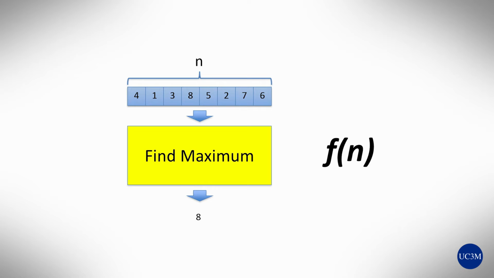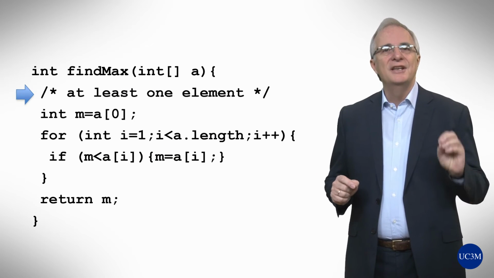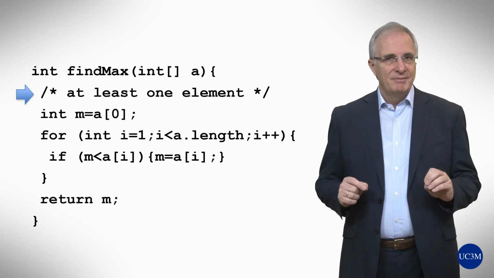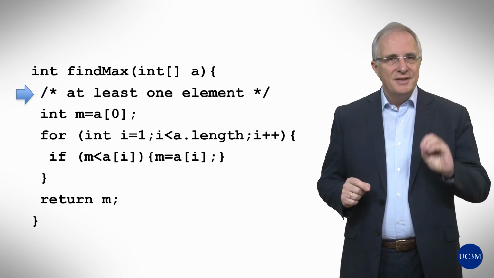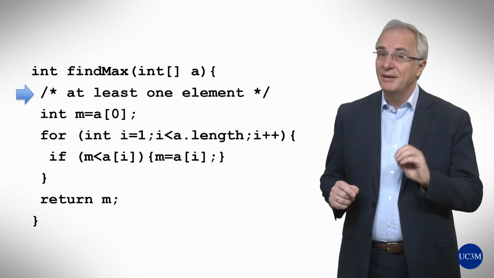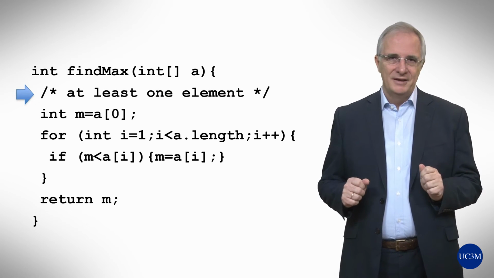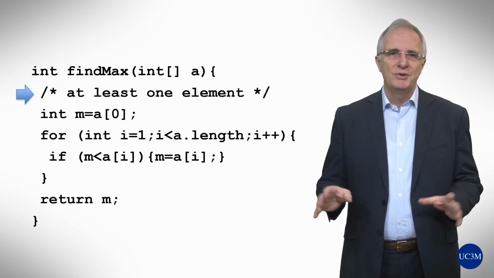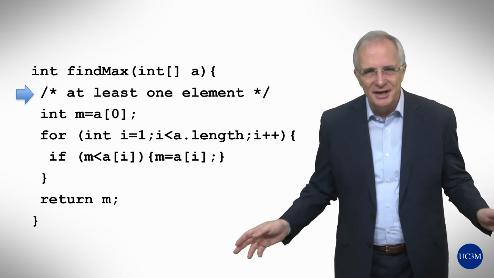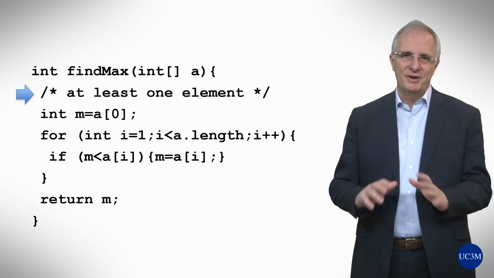Imagine that you are given an array and want to find its highest value. The method takes as input an integer array. But for the method to work, the array has to have at least one element. Its length has to be at least 1. You might implement this precondition with an exception, an if statement, an assert statement, or whatever.